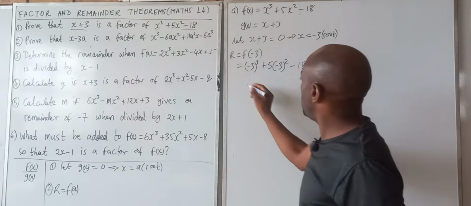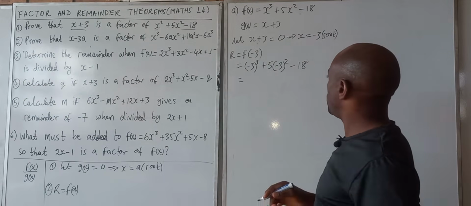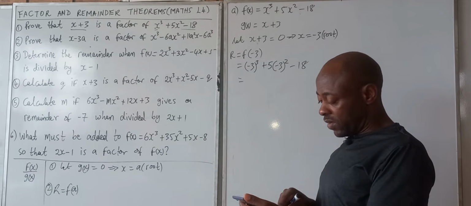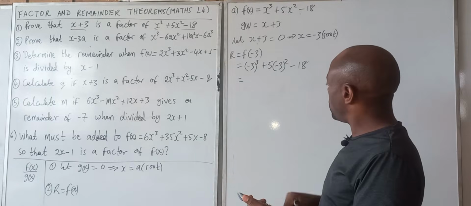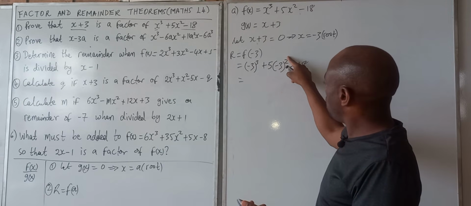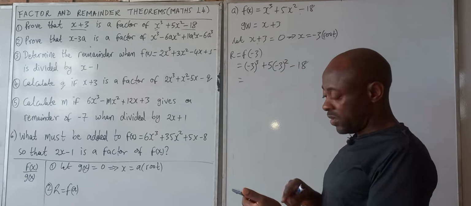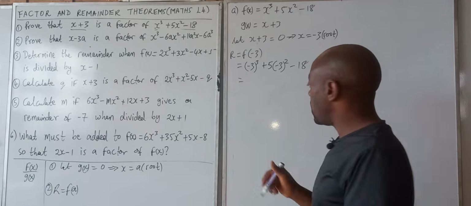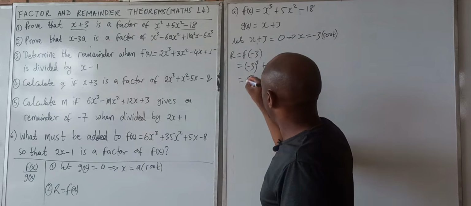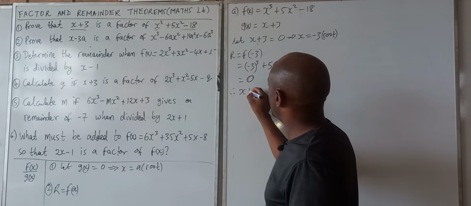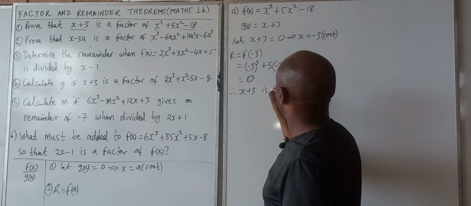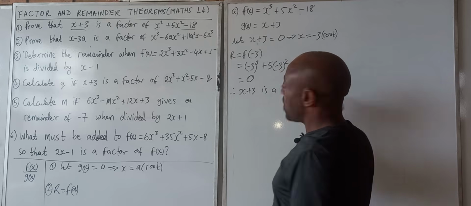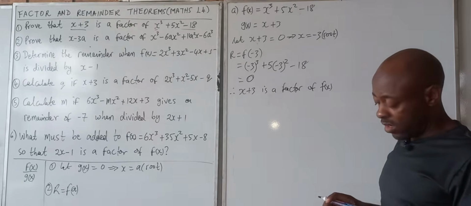So I will then use my calculator to figure out what it gives me. -3 cubed is -27, then -3 squared is 9, 9 times 5 is 45, then minus 18. So what I see is a 0. Immediately I see a 0, my conclusion should be that x plus 3 is a factor of f of x.